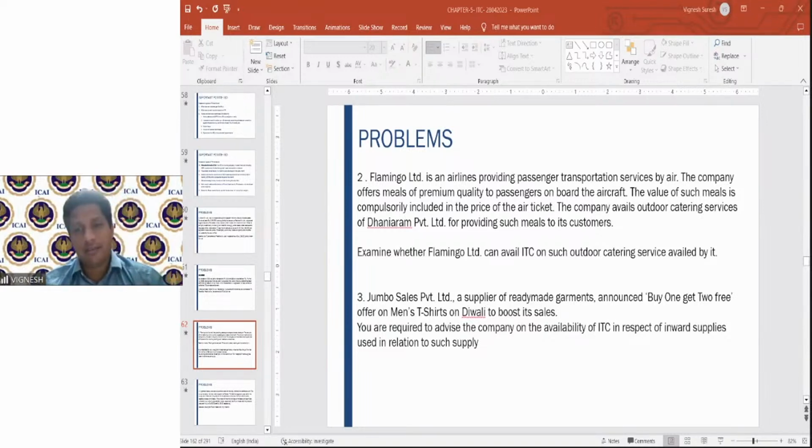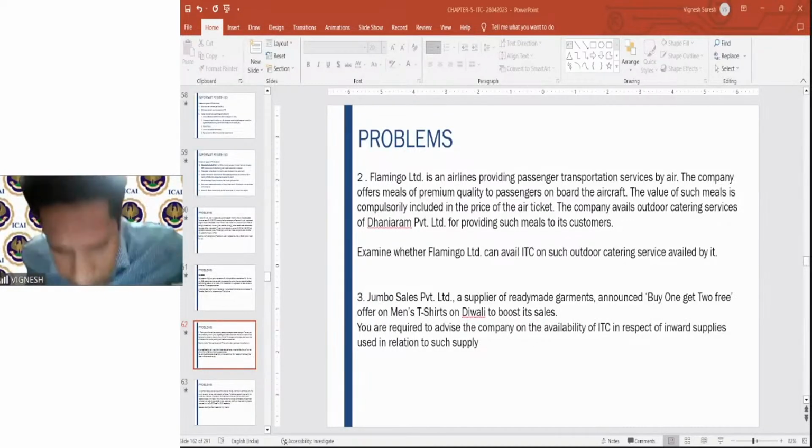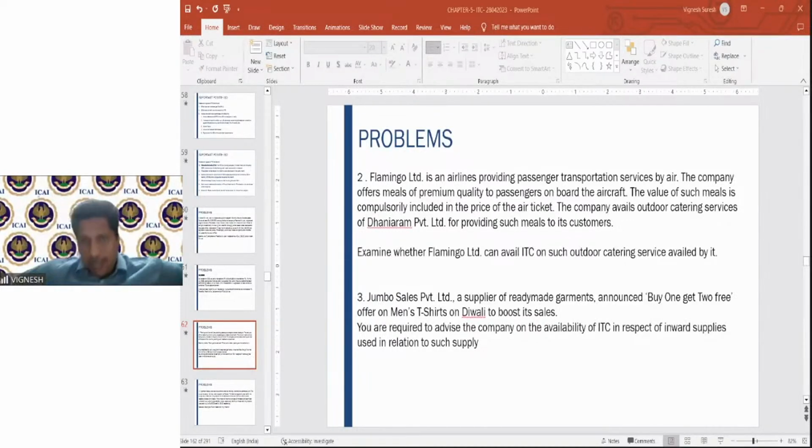You have to say that though the nature of supplies of catering service is restricted under 17 subsection 5, as per the proviso given, it is very clearly mentioned that if the catering service is used for the further supply of the same service, either by way of mixed or composite supply, then the credit is available.